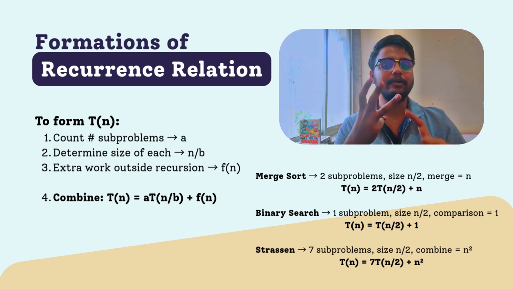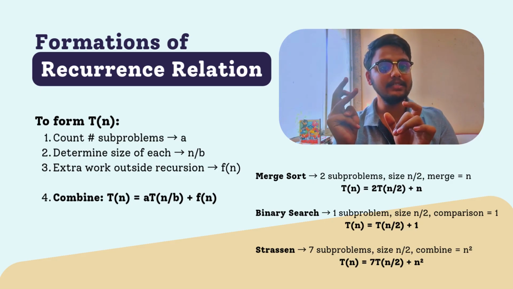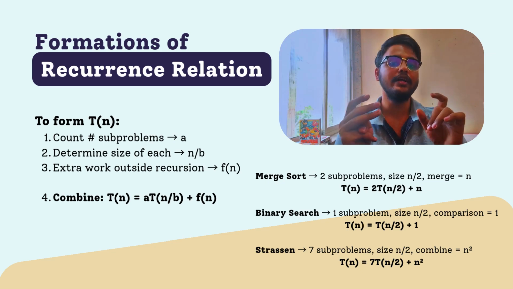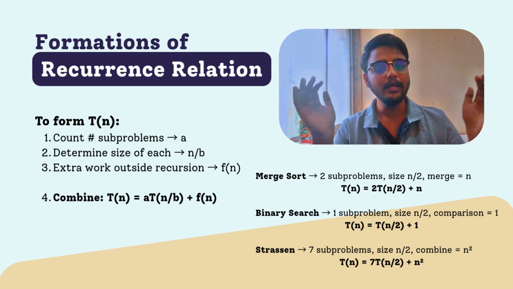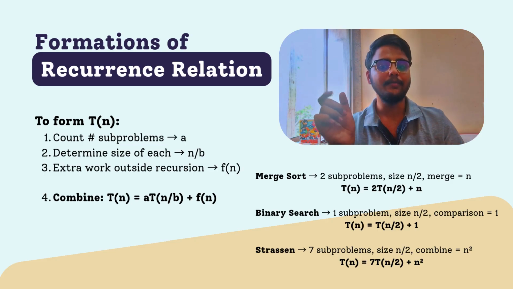The third step is to calculate the extra work per level. In binary search, the extra work is going to be constant, while for merge sort, it is going to be n. And step 4 is combining all these subproblems to get the bigger picture.